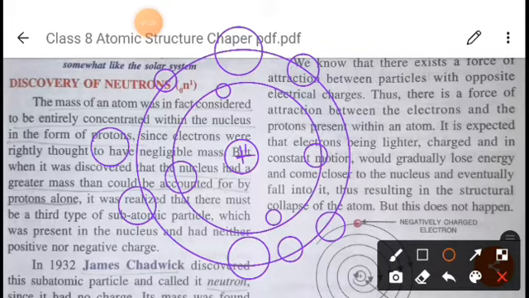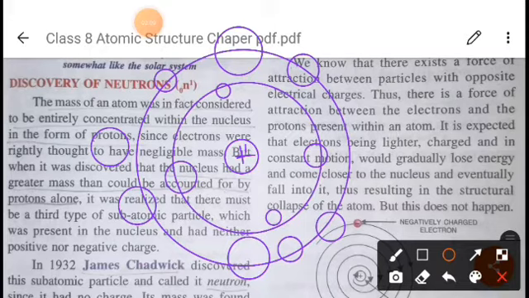But when it was discovered that the nucleus had a greater mass than could be accounted for by the protons alone, it was realized that there must be a third type of subatomic particle present in the nucleus, which has neither positive nor negative charge.